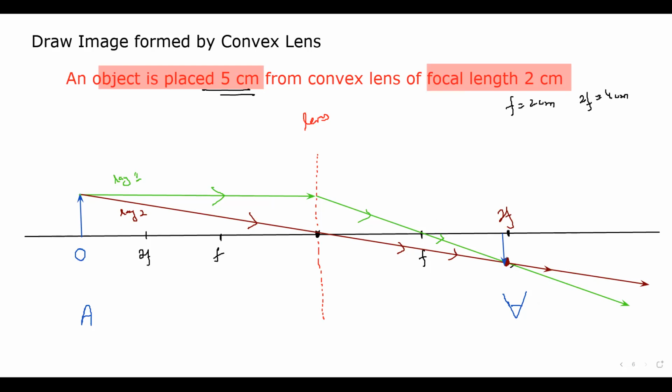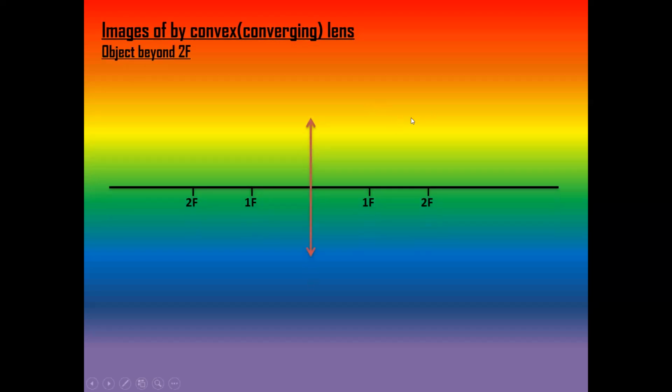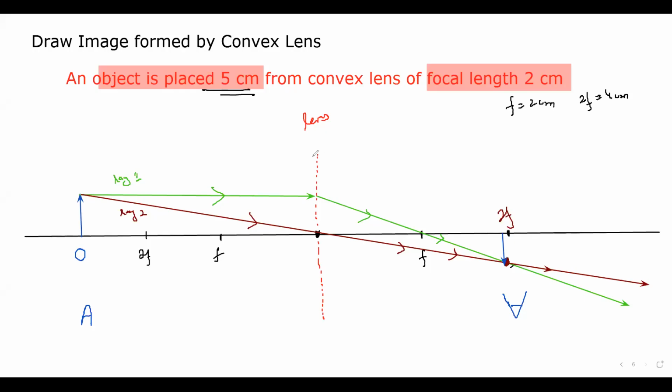So for example, to know the image formed by a convex lens, if the object is after 2f, like this is a convex lens, in the last part we should be able to complete the figure, like we will make a lens. The dotted line is representing a lens.